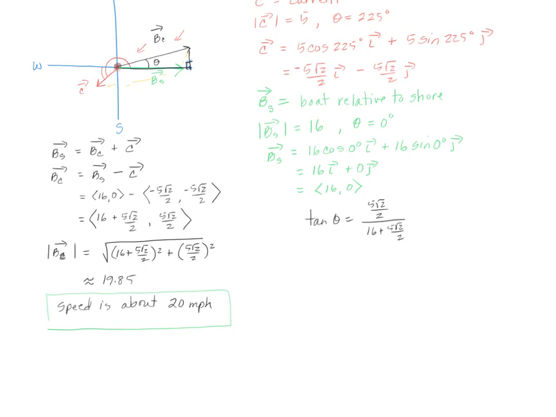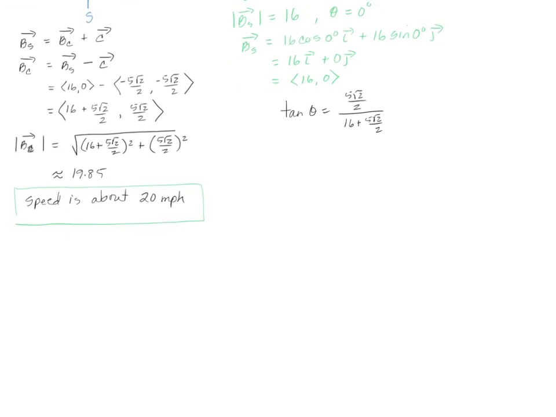So tangent of theta, opposite over adjacent. So I need to write theta equal to tangent inverse of 5 square root of 2 over 2 all over 16 plus 5 square root of 2 over 2.